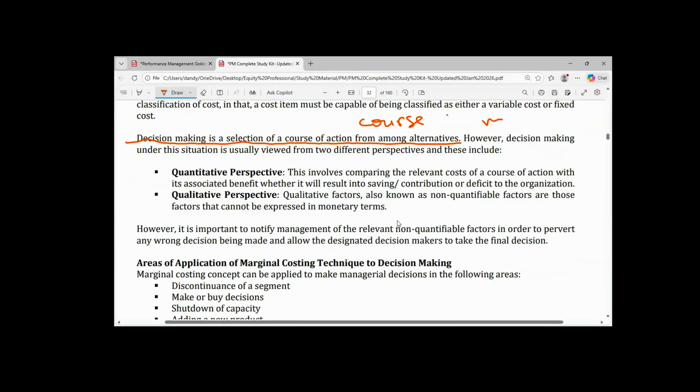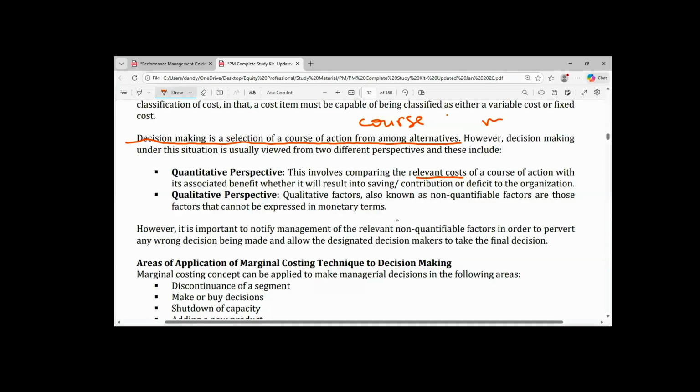The economic angle, also known as the monetary or quantifiable perspective of the decision that is to be taken, involves the process of comparing the benefit arising from a course of action with the associated relevant cost, whether it will result into a contribution, profit or loss, or contribution or savings or deficits to the organization.